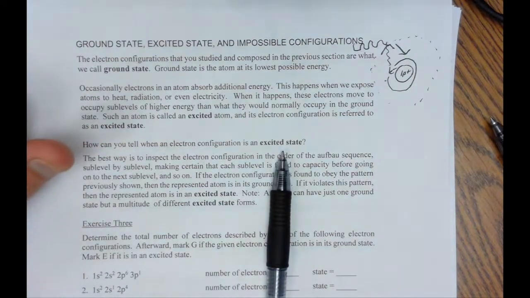And if it's dropping down to the third principal energy level, that would be infrared. So that actually determines the wavelengths of those lights and the way we're able to perceive them.